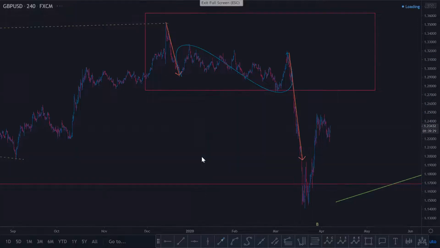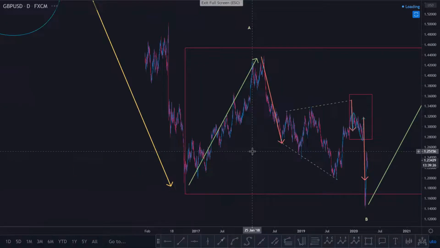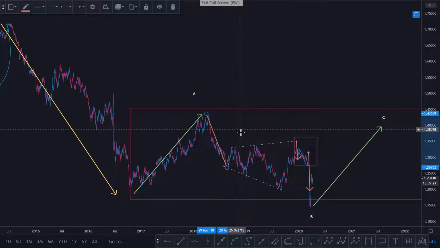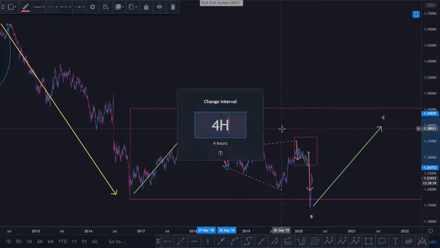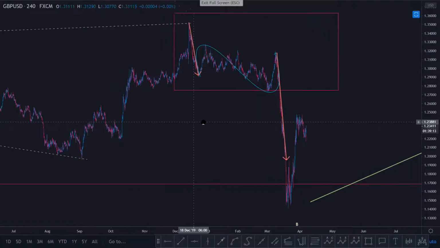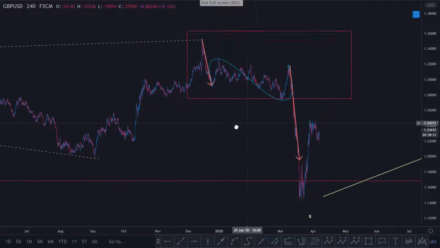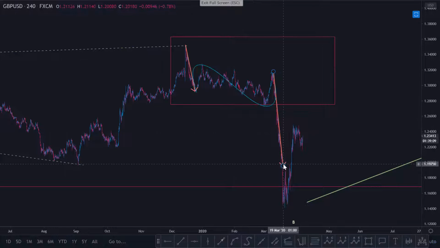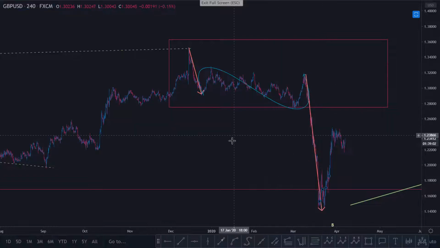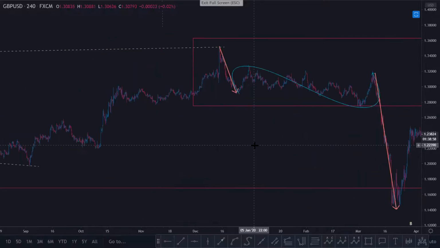But because we know the surrounding structure on the higher time frames, and we're expecting an impulse that looks just like this, we know that the impulse to follow this correction should be much larger than just a simple C wave. And that's exactly what we got. We got a huge move to the downside in pretty much a straight line. It doesn't always work out to be so clean, but for this instance, it was as clean as it comes, and it was a great trade for us.